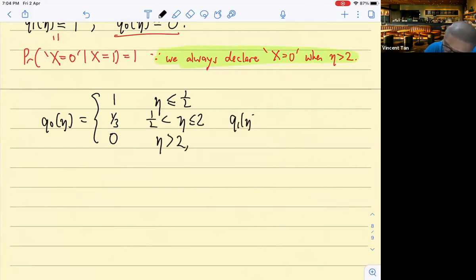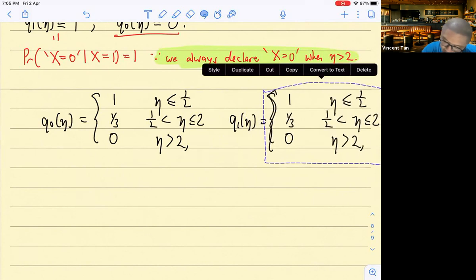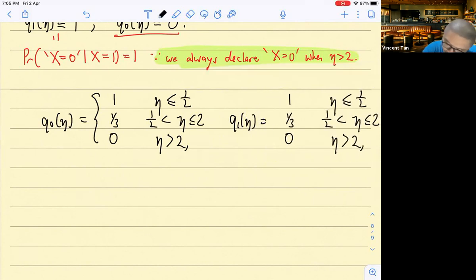Q1 of eta is roughly the same thing, so I can copy this and paste here. It is exactly this, but these are flipped here: 0, and 1.